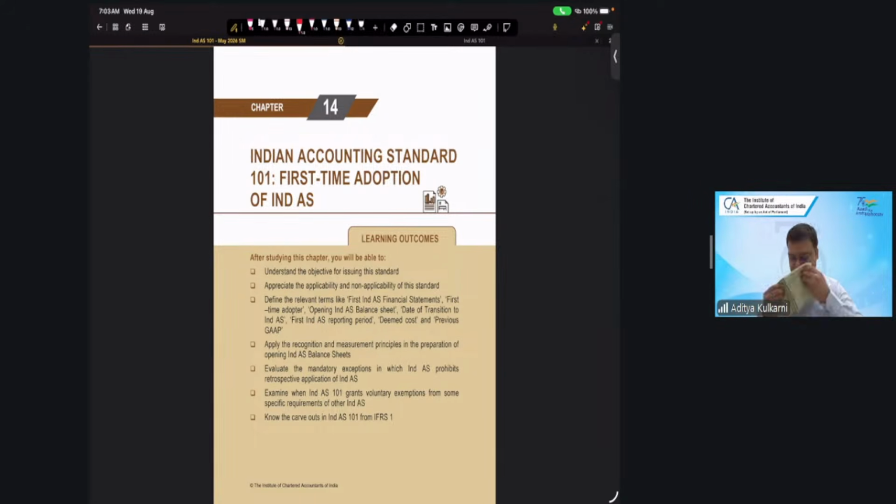This is a once in a lifetime activity of the company, and it involves making new estimates, new assumptions, new workings, new valuations, new measurement principles, new recognition principles, and therefore we commonly treat it as it always should be, that is a change in accounting policy. And you would have studied in days 8 that a change in accounting policy should be done retrospectively. A change in estimate can be done prospectively, but a change in accounting policy requires retrospective restatement.